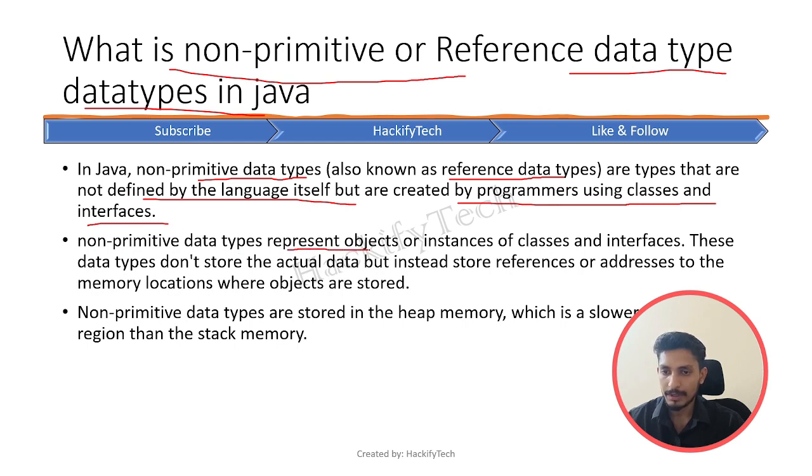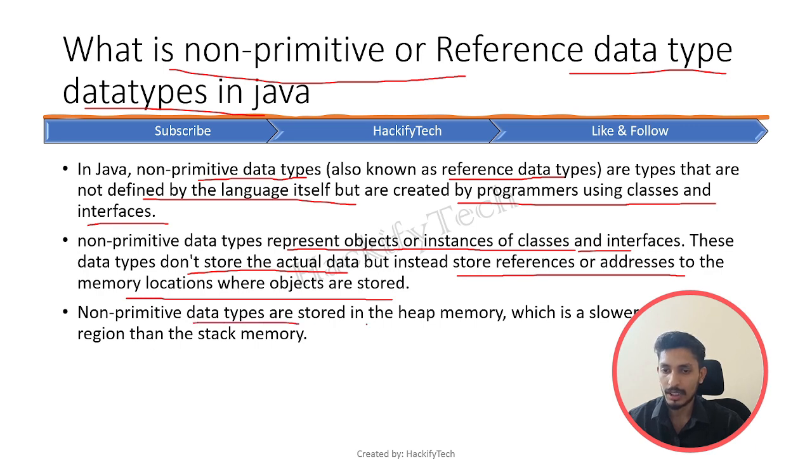A non-primitive data type represents an object or an instance of a class, or an interface. This is an important point. These data types don't store the actual data, but instead store the reference or address of the memory location where objects are stored. So wherever the object is stored in memory, these non-primitive data types will be holding the address of that memory.